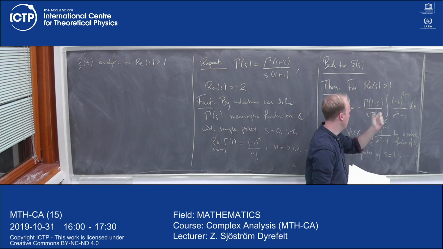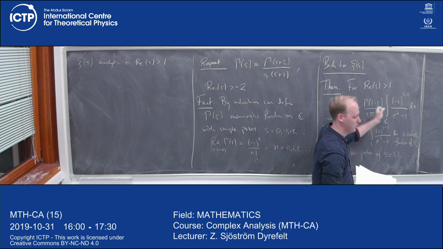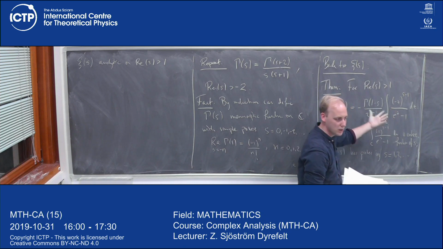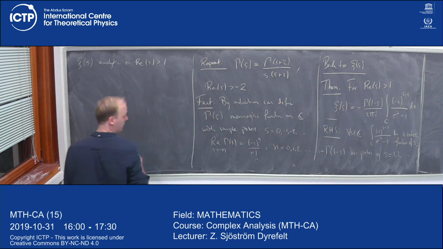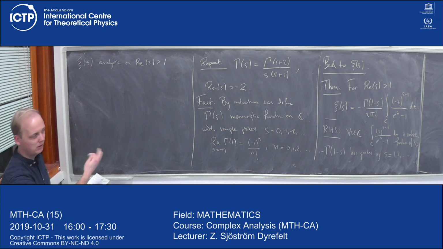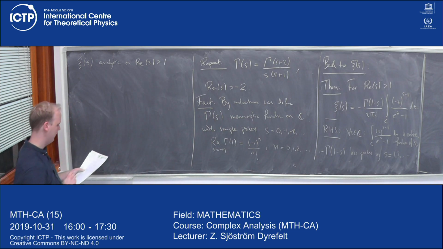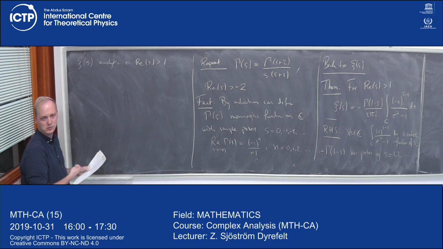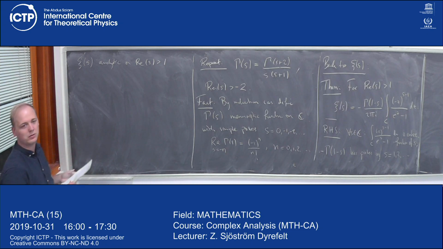So this one has poles, but your product does not have poles, because the whole thing we know is analytic, because it equals this sum by the theorem. That you can actually prove quite easily, so if you want to stay afterwards, I can show you, it's half a page, to show that this equals that sum.